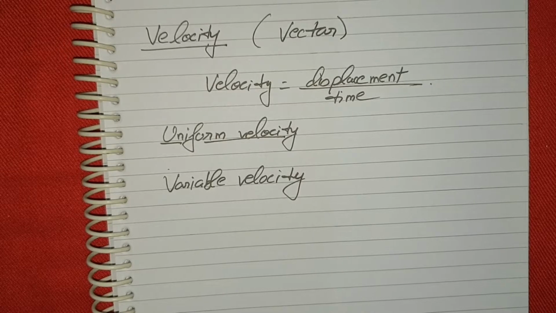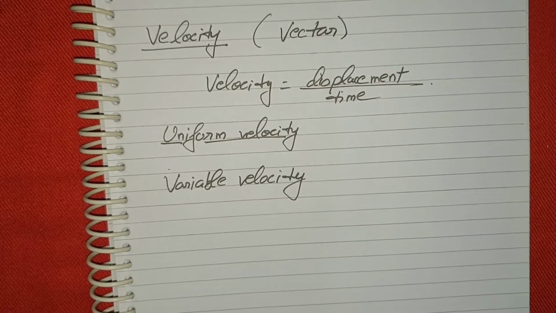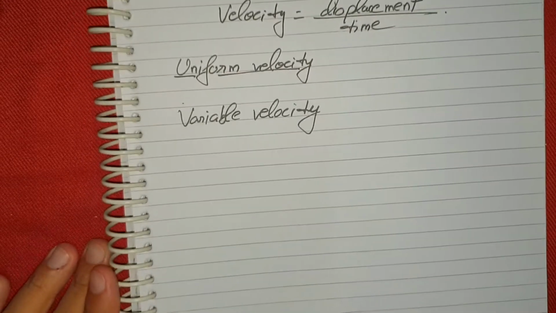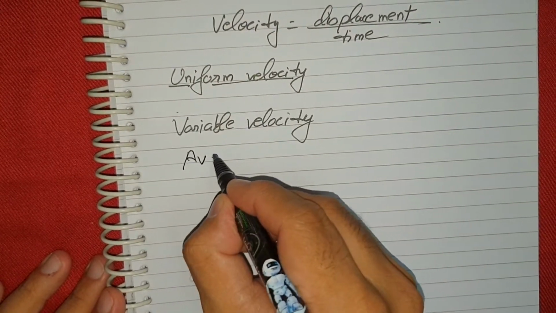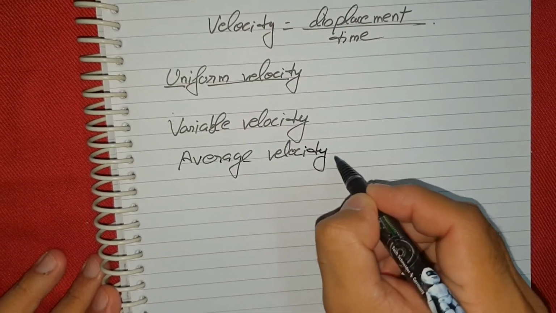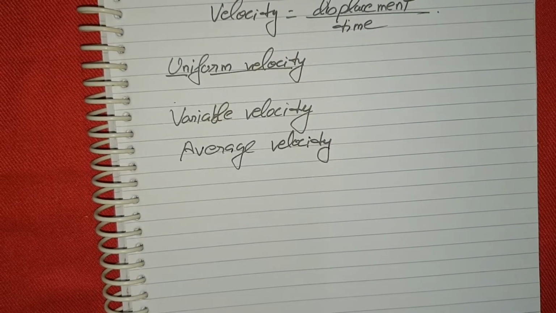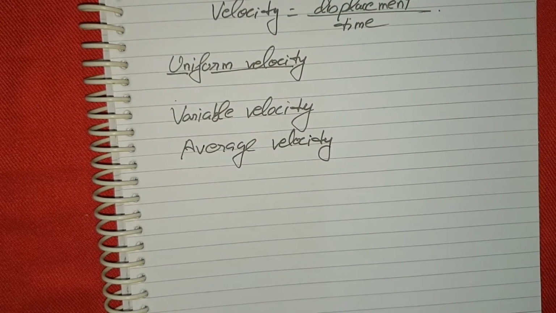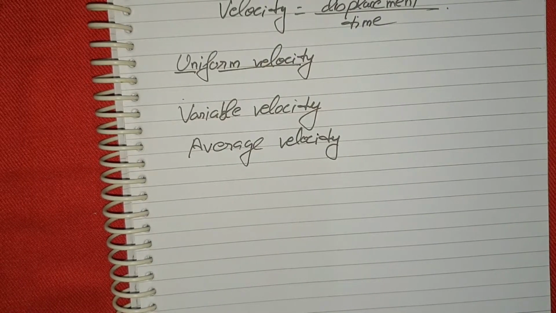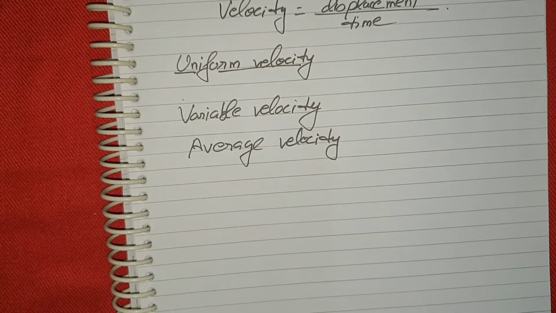Now, the average velocity. Average velocity is, for a given motion of an object, that uniform velocity at which the object will cover the same displacement in a given interval of time as it does with the actual variable velocity during the given interval of time.